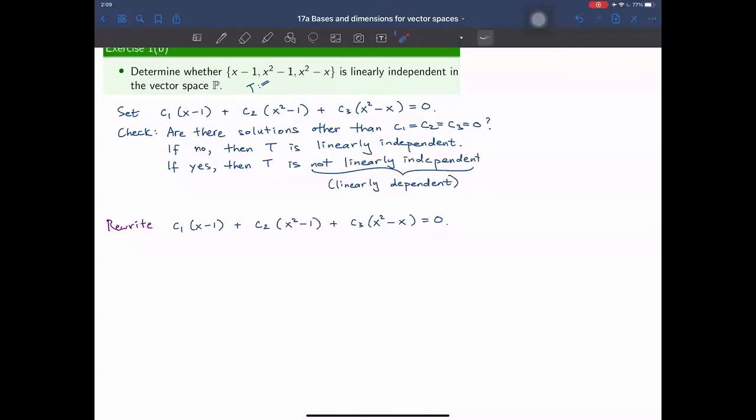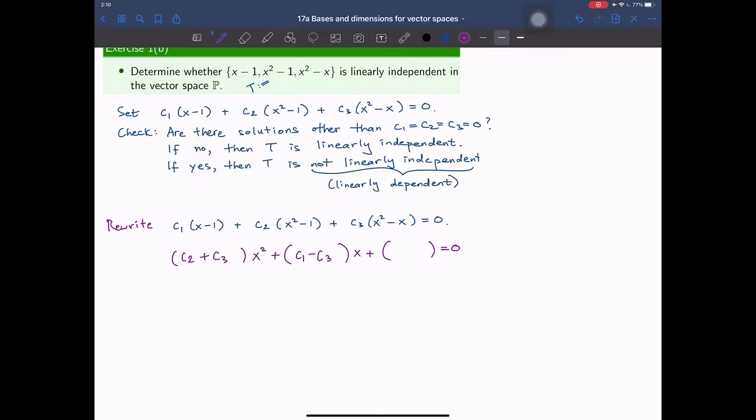Right now, this is not in standard form, so I will rewrite it by grouping x squared and x and the constant terms together. The terms that have x squared would be C2 and C3. So I have C2 plus C3 here. The terms that have just x would be C1 and negative C3.